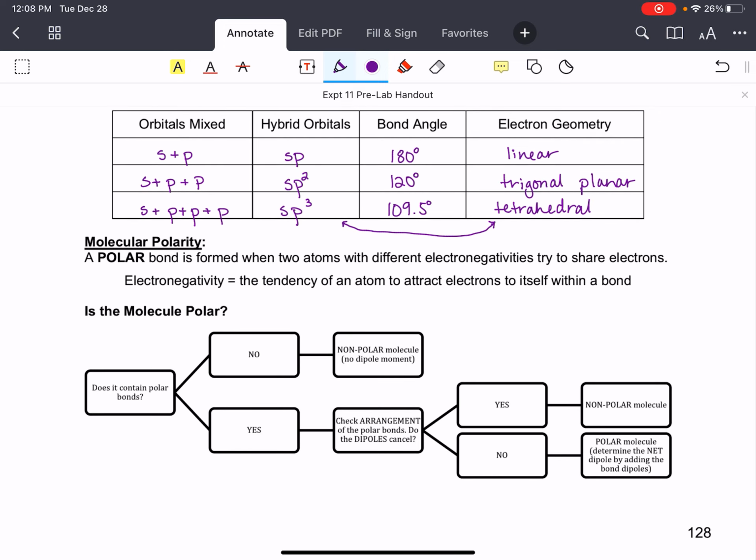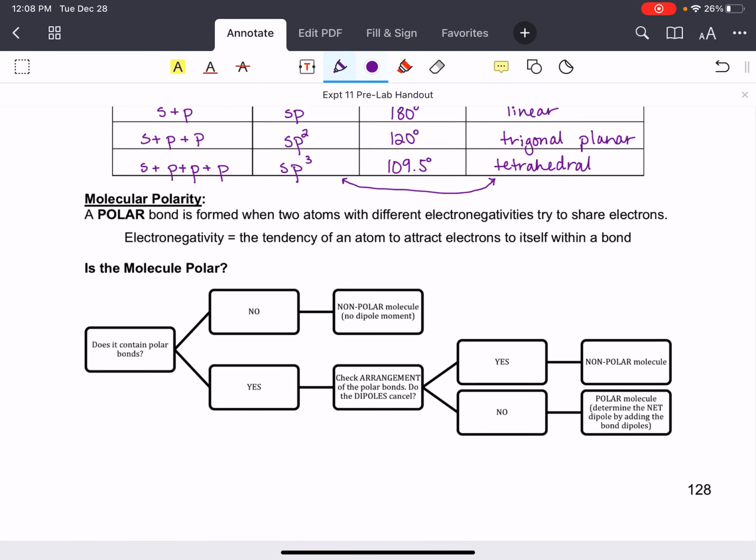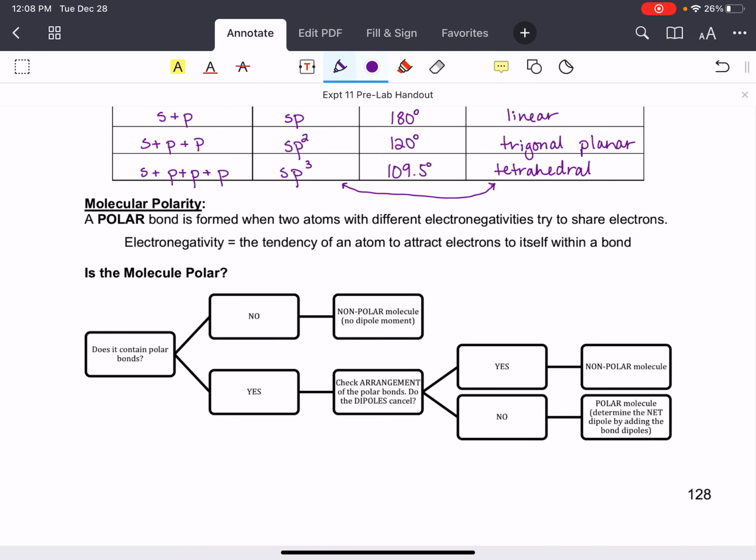The last topic we'll cover in this experiment is molecular polarity. So, is our molecule polar? Well, we know that a polar bond is formed when we have different electronegativity, and we can use Funkel-Brich, which a lot of us teach.